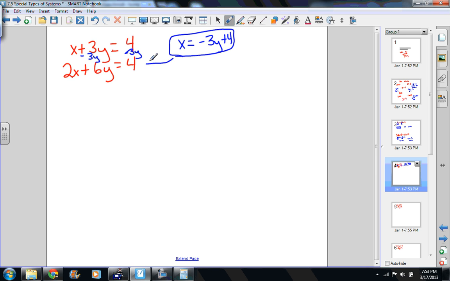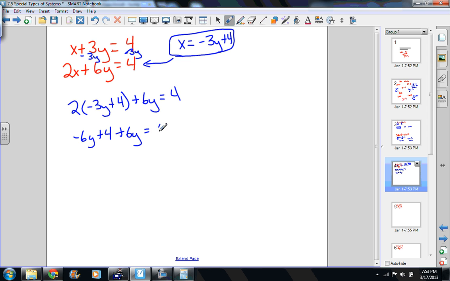And I'm going to plug that into that equation. So I get 2 times (-3y plus 4) plus 6y equals 4. So I get -6y plus 4 plus 6y equals 4. And some of you should already be noticing what's happening here.